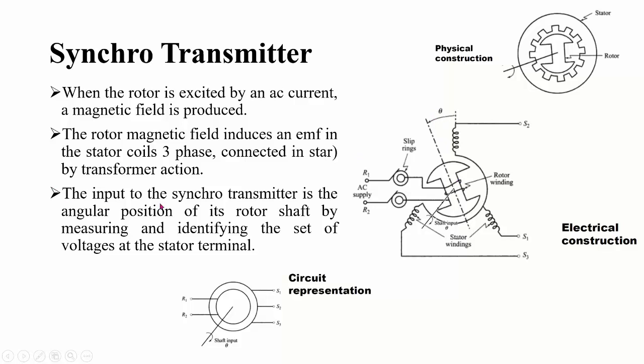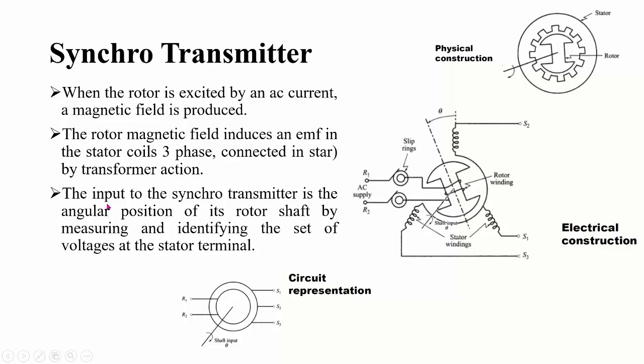The input to the synchro transmitter is the angular position of its rotor shaft. In fact, the actual input through which you are trying to control everything is the shaft input. So it's theta that is fed as the actual input. The AC supply is a source to operate the system, but the actual input is the shaft through which you rotate the rotor, or change this theta, the angular position.